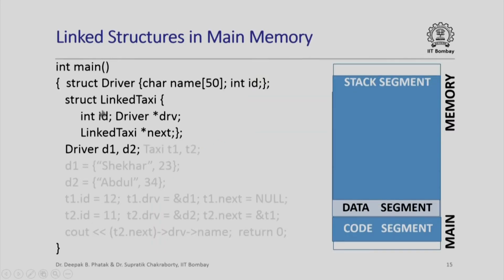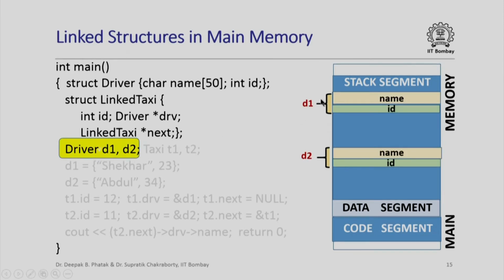So now that we know how the linked taxi structure might look, let us see how we are going to represent linked structures in main memory for a simple program that we are going to show here. Here we have the structure driver we have seen before, the structure linked taxi that we have seen before, and these two variables D1 and D2.